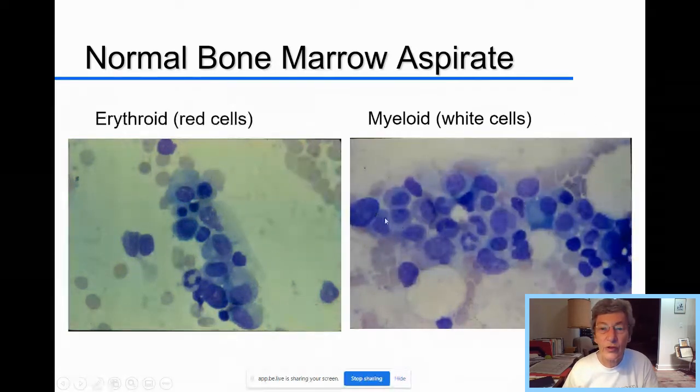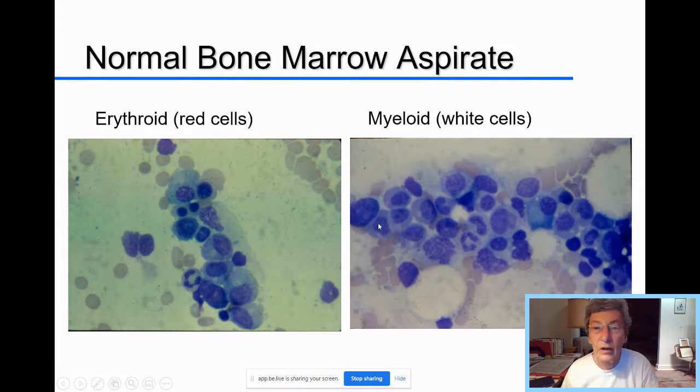Myeloid or white blood cells are shown here with the same stain. You can see the red cells are the orange, but everything else has bluish in the cytoplasm. Some are lymphocytes and some are myeloid cells or white blood cells.